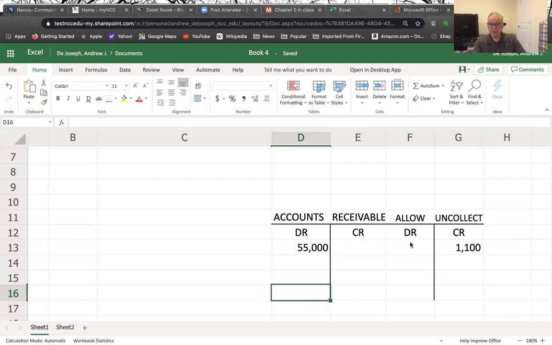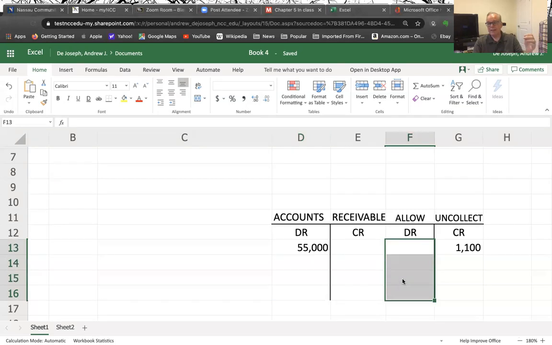So last year we estimated, and it doesn't even matter what that number was. We put a number on the credit side of the account, and then during the next year, anytime somebody went bankrupt or told us they couldn't pay or we couldn't find them, they disappeared off the face of the earth, we wrote off that account by putting a debit in that account.